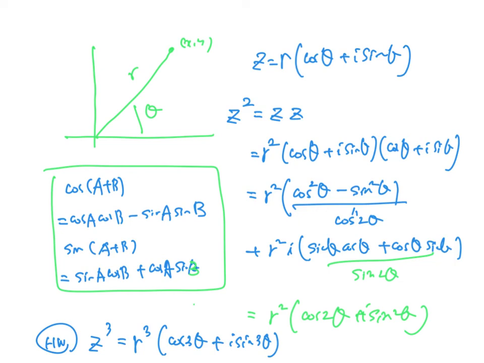We can continue. z to the n is r to the n, cosine n theta plus i sine n theta.